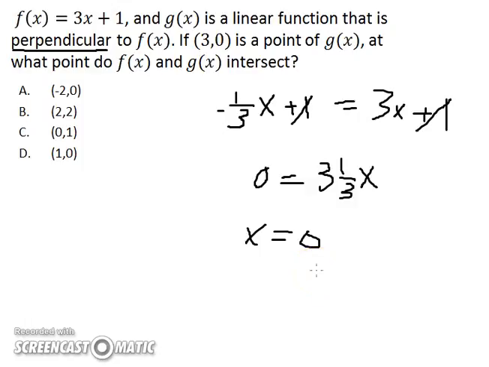And then you plug that back in to either f of x or g of x. So let's say you plug it into f of x. You plug in 0 here, and you get 1. So f of x equals 1 at that point. So your point is (0, 1).